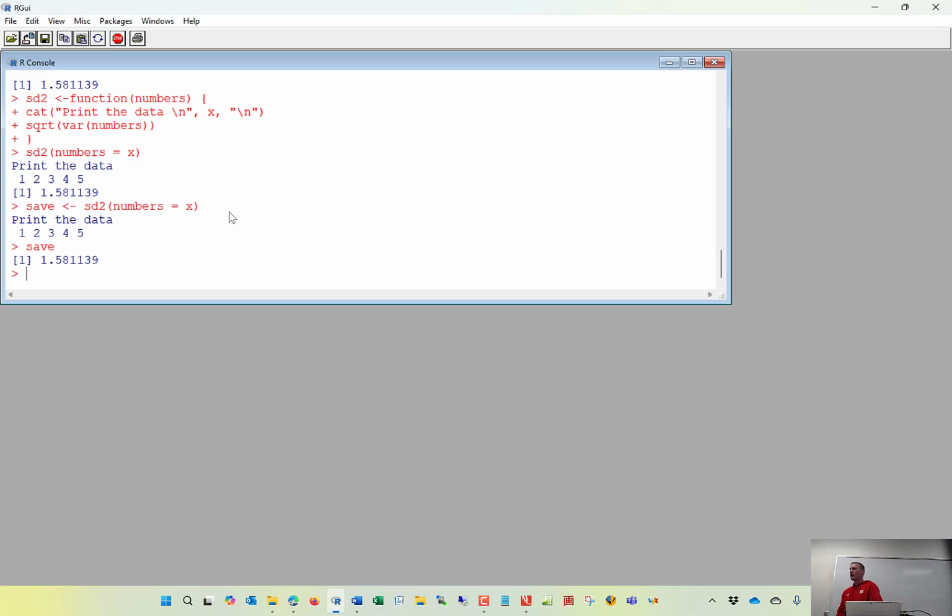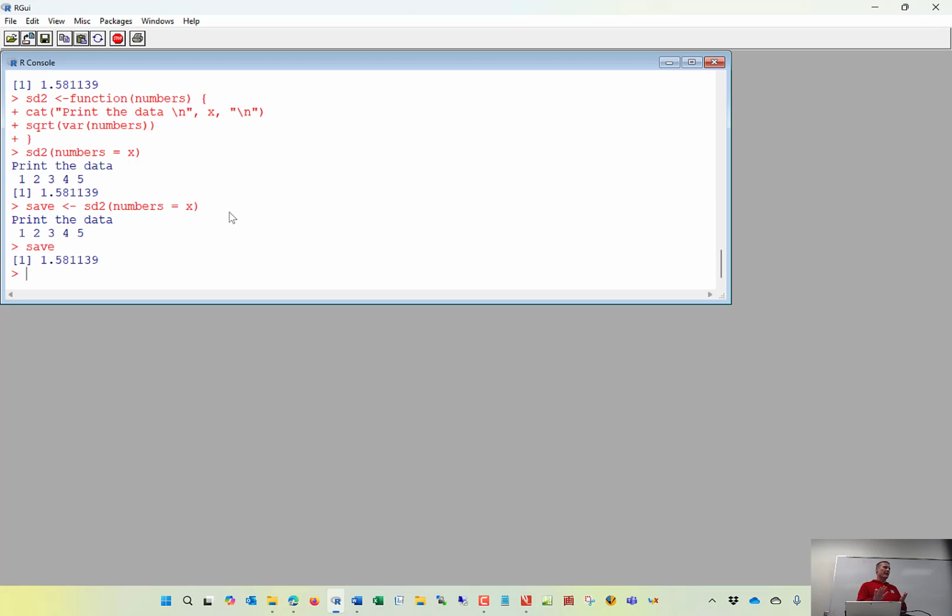Now, for those of you who are experienced with R, how does R know to put the standard deviation in there rather than print the data 1, 2, 3, 4, 5? Well, yeah, it depends upon what you mean by the output. Maybe I didn't ask the question very well.